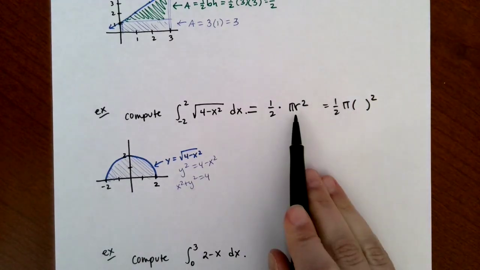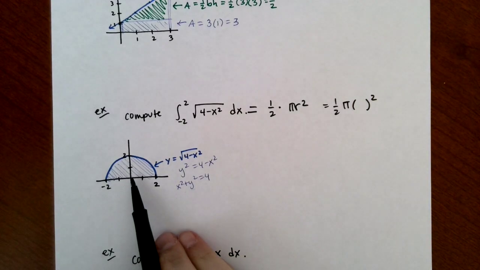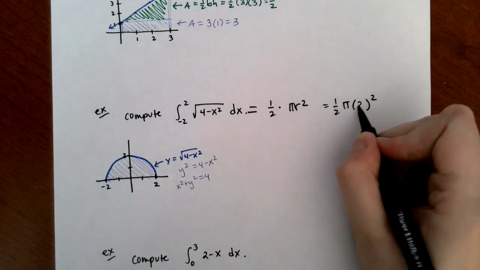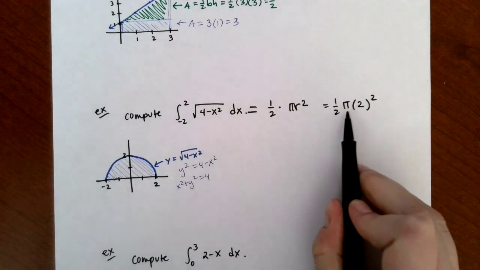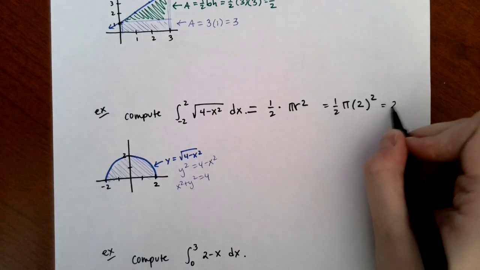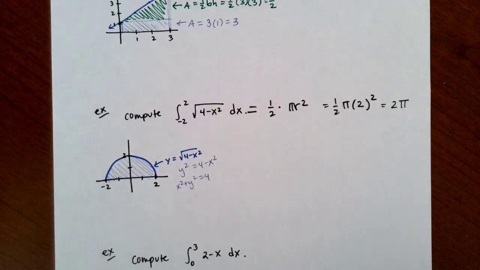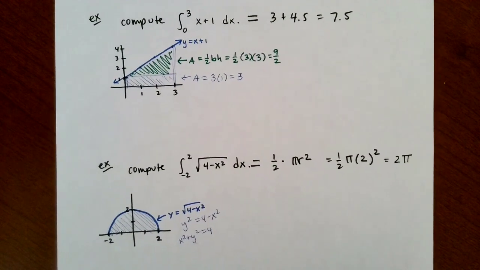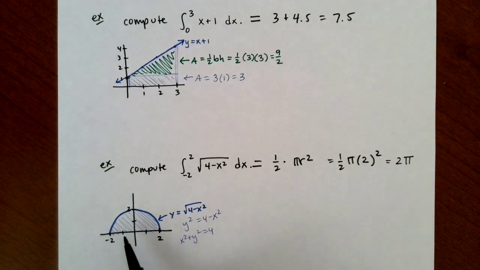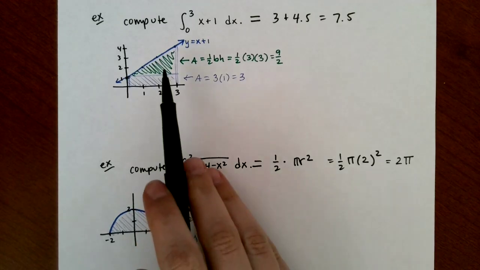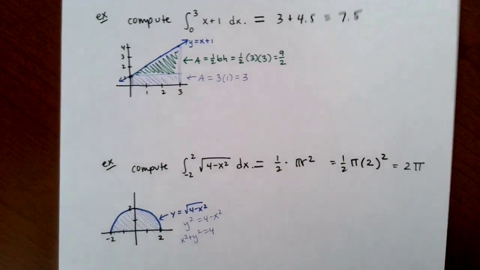All right, and then we go back and say, well, what is the radius of this circle? It appears to be 2. So we have 1/2 times pi times 4, which comes out to a total of 2 pi. All right, so the only geometric shapes that will come up, we can see on the screen here, you've got your half circle, rectangle, and triangle.